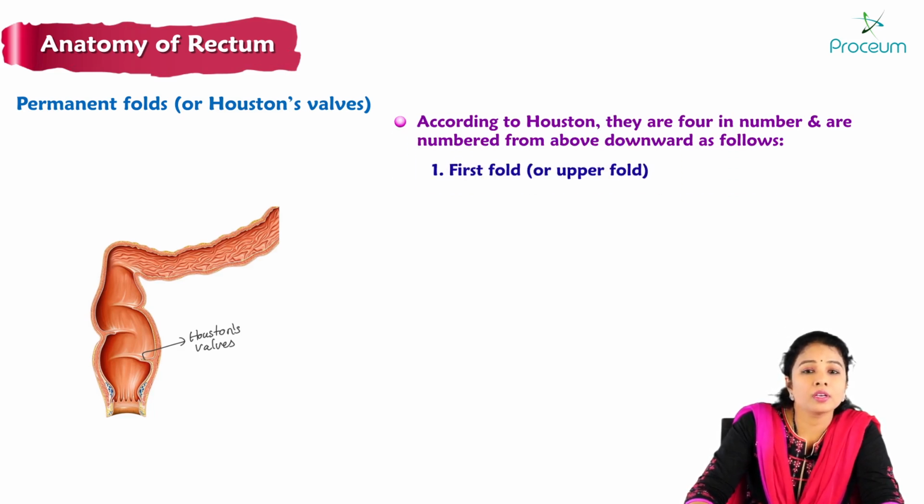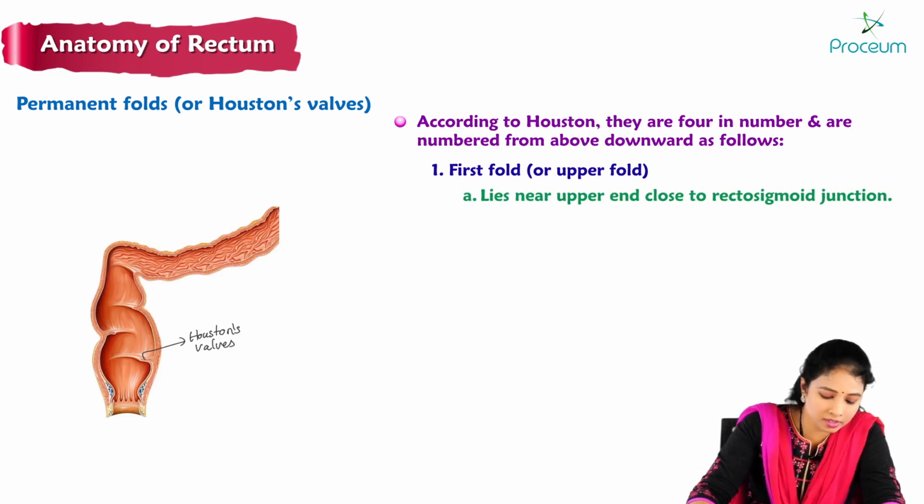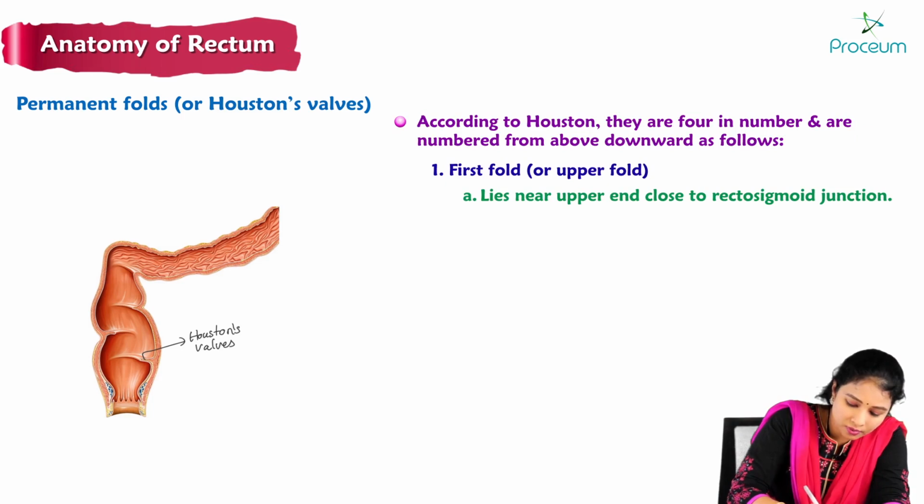The first fold is the upper fold, which lies near the upper end close to the recto-sigmoid junction. So here is the first fold.